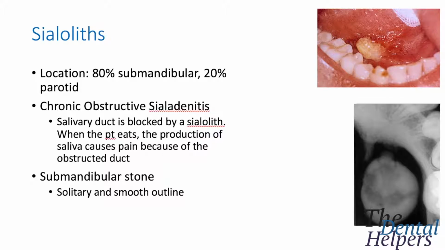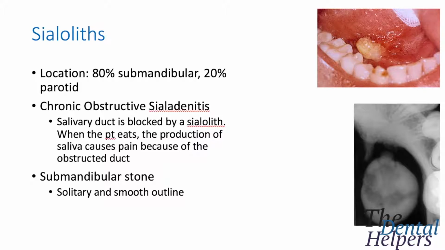And as a result, if the patient is eating, they're going to end up having this pain because saliva is going to want to make its way around the sialolith. And it's going to be very uncomfortable until that sialolith is removed.